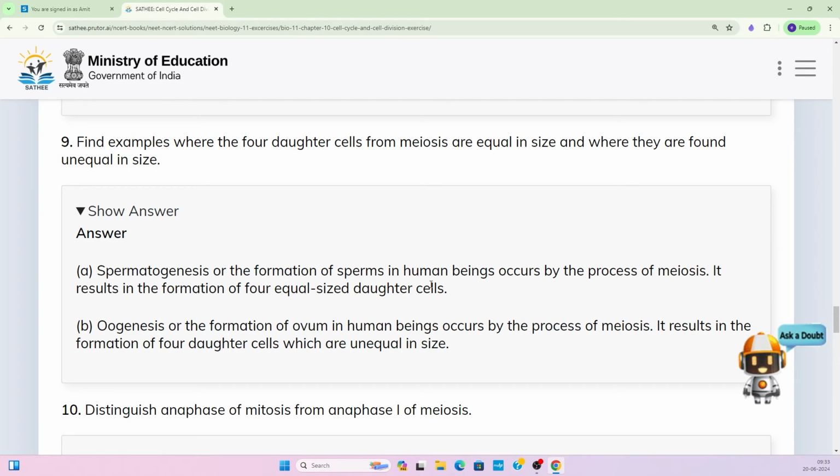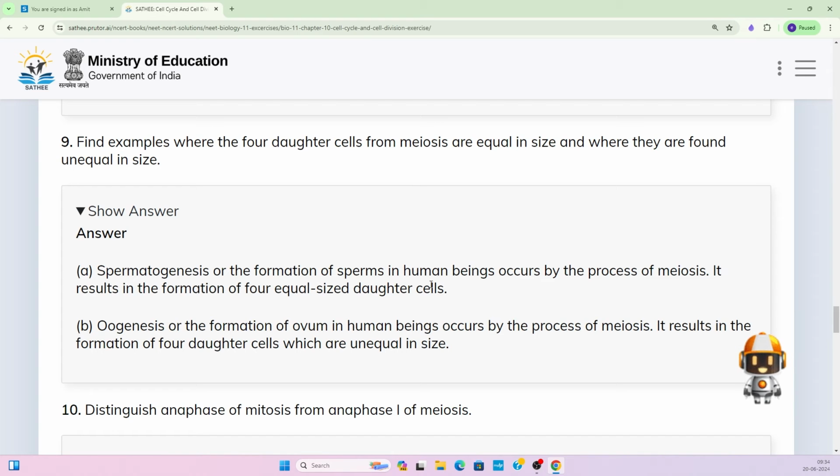So if we see spermatogenesis, that is the process of formation of sperm. Spermatogenesis, or the formation of sperm in the case of human beings, occurs by the process of meiosis. So that is the gamete formation. The sperms are the gametes in the case of male, right? So spermatogenesis is the formation of sperm in human beings, and it occurs by meiosis division, and it results in the formation of four equal sized daughter cells.